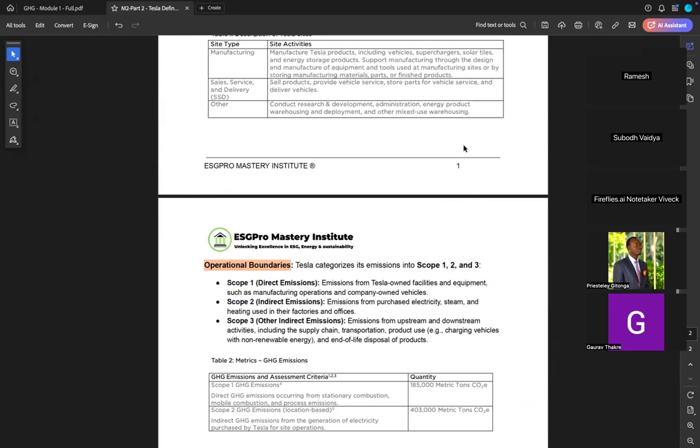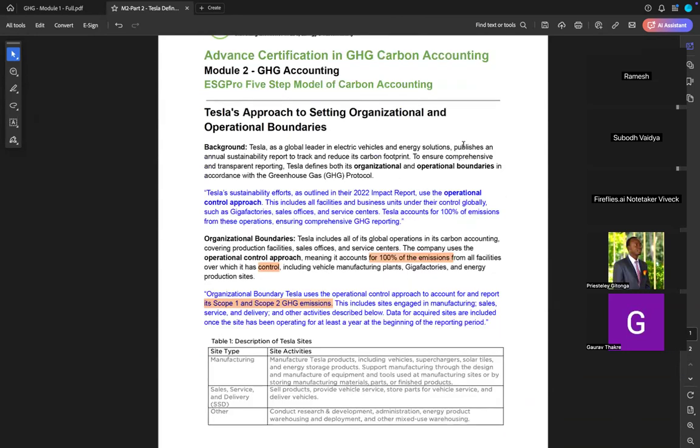So, Vivek ji, I just want to add, both of them gave a very good summary. One of the important things is that by setting the boundary, Tesla can clearly measure and manage its emissions more accurately.